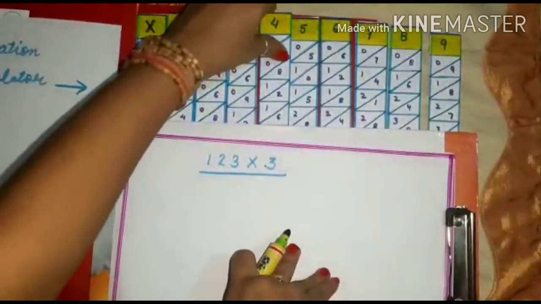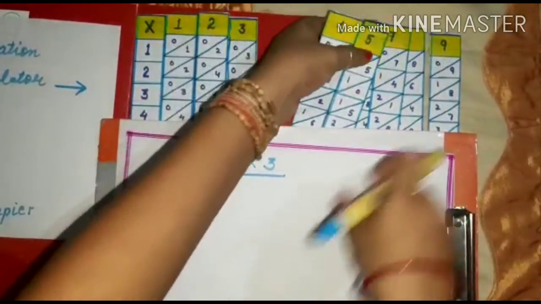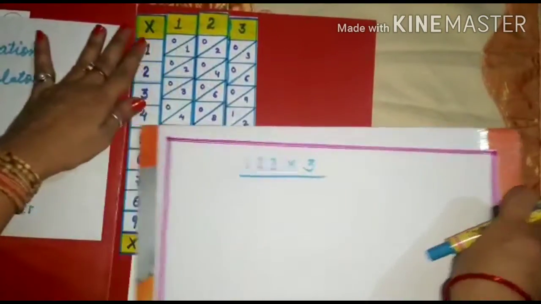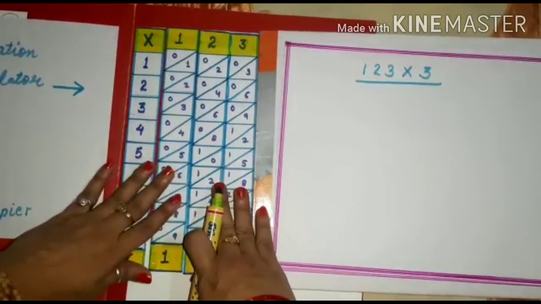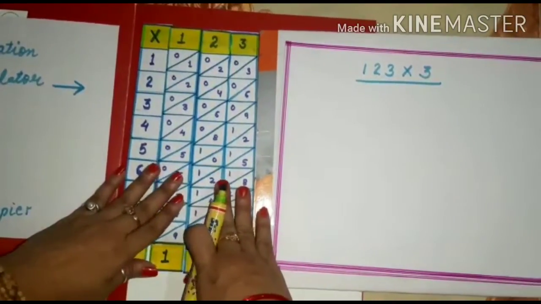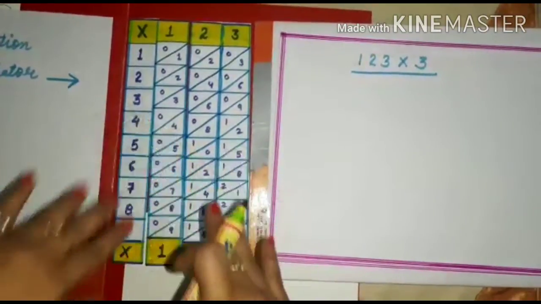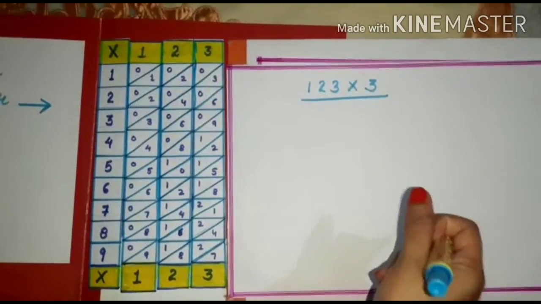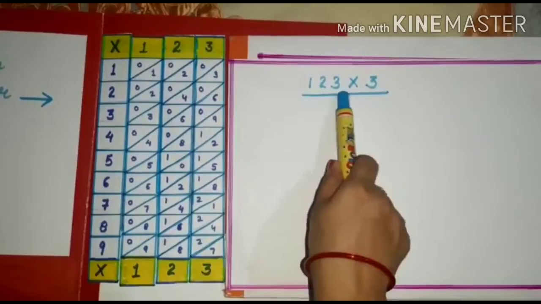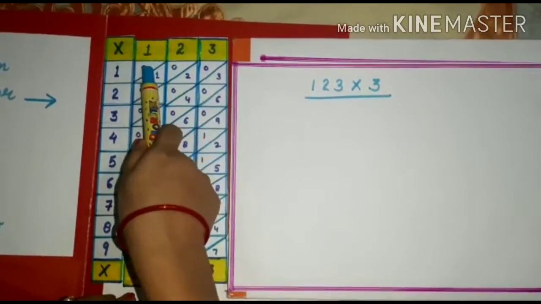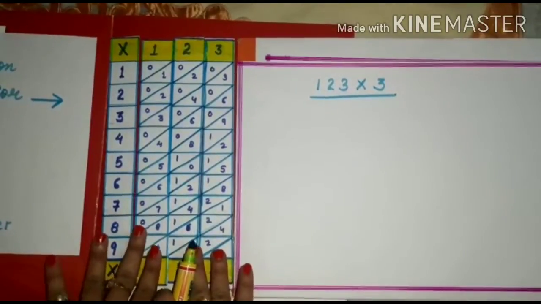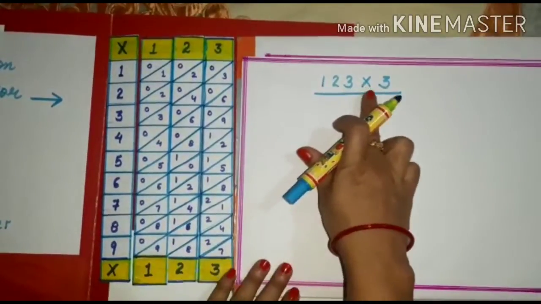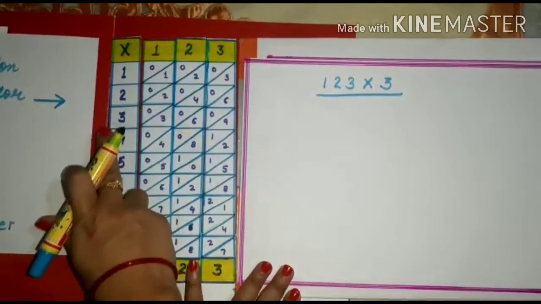I am going to remove the extra cards which I don't require right now. As we required 1, 2 and 3, I have taken only the 1, 2 and 3 cards. Let's do the multiplication. Here it's 123 multiplied by 3.